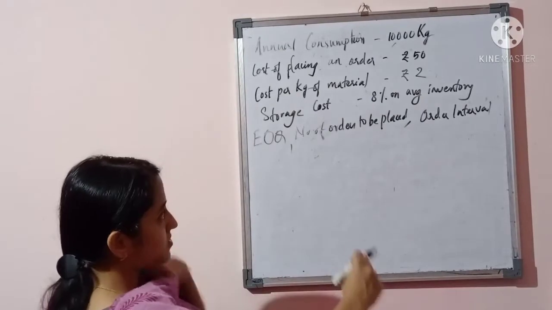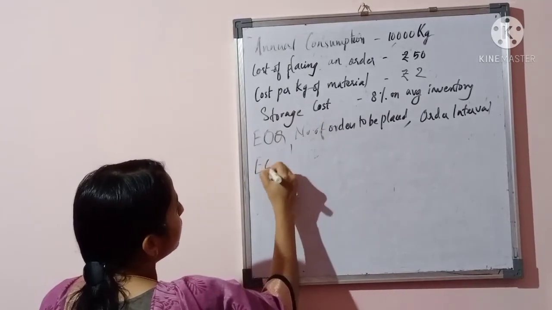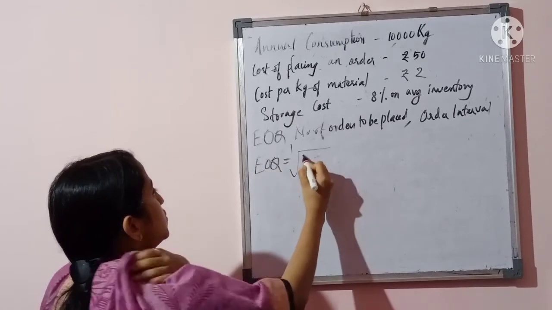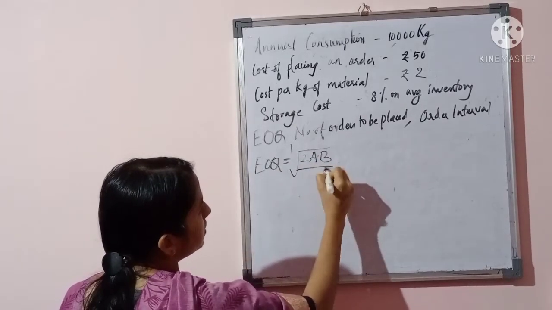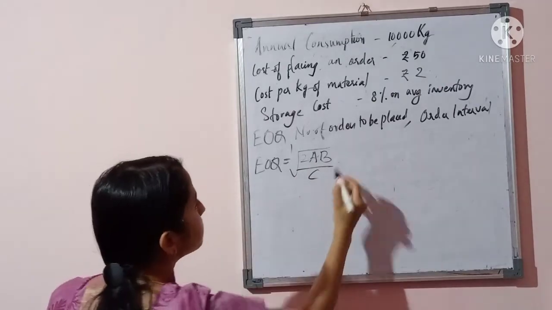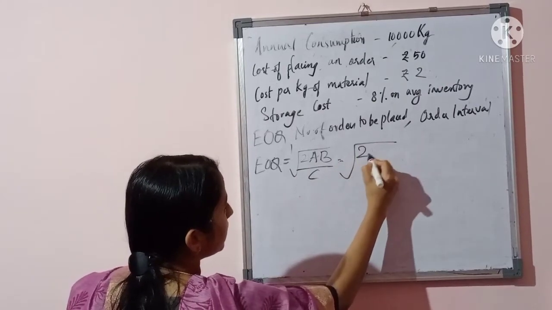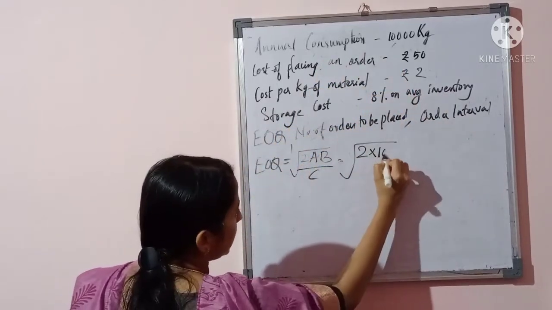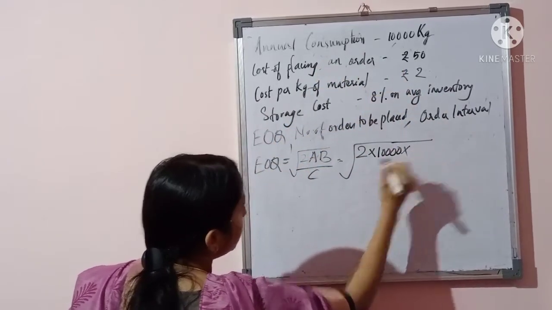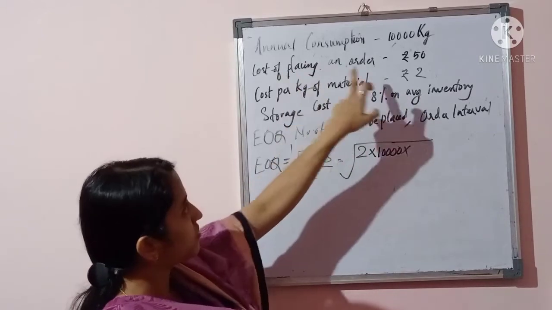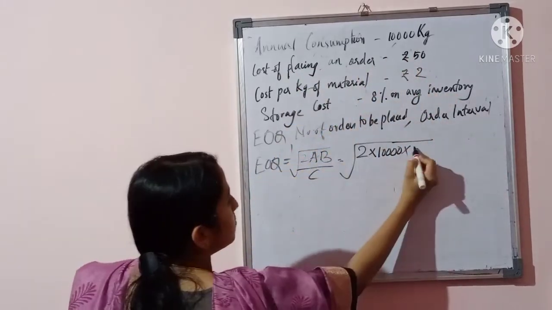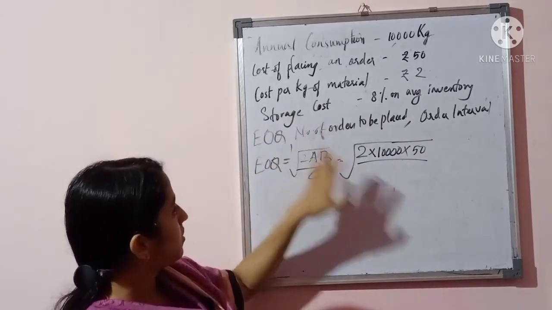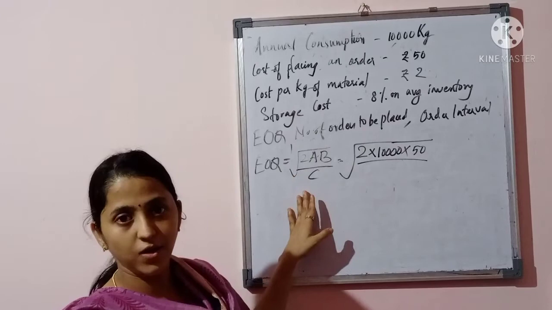Now let's see, first of all, EOQ. Let's apply the formula. EOQ is equal to root of 2AB by C, where A is annual consumption, that is 10,000 kg, and B is the cost of placing an order, which we know is rupees 50, divided by C. C means carrying cost.